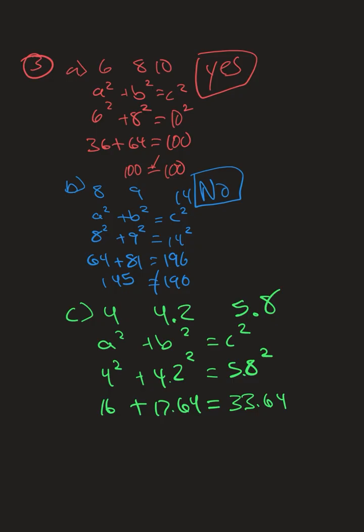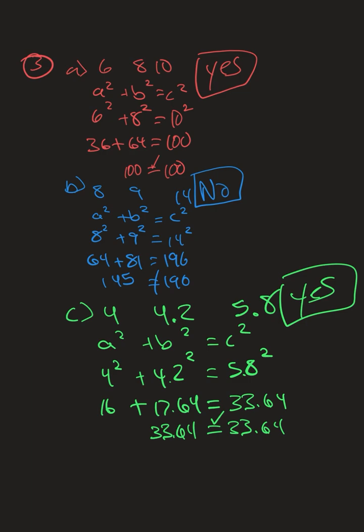So when I go 16 plus 17.64, I get 33.64. Does that equal 33.64? Yes, it does. So guess what? Yes. It does form a right triangle.